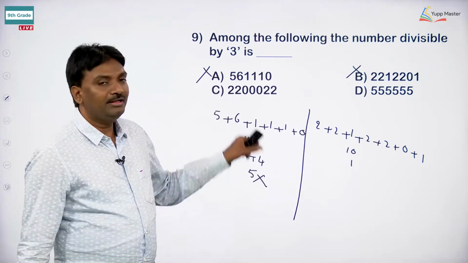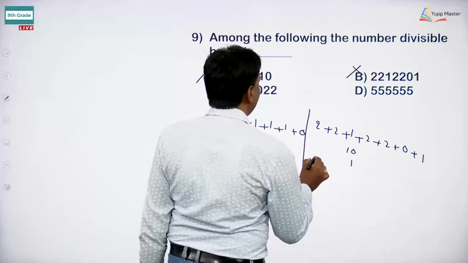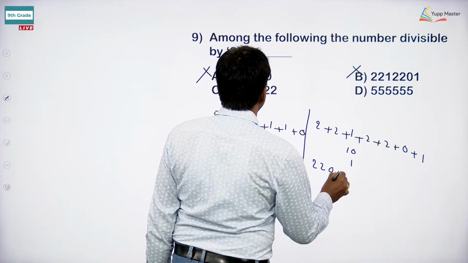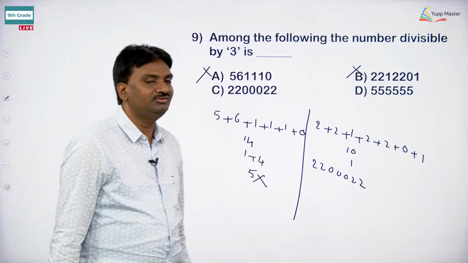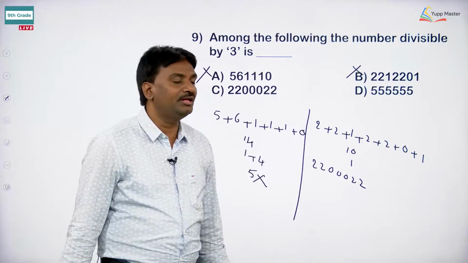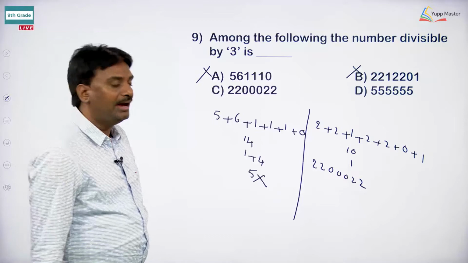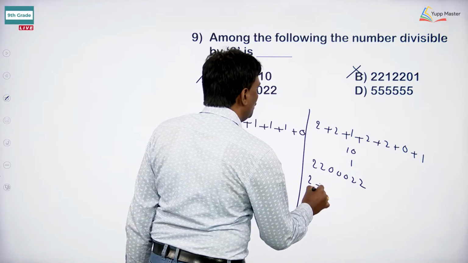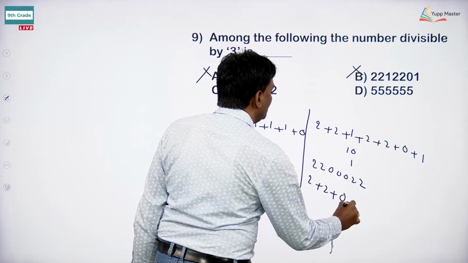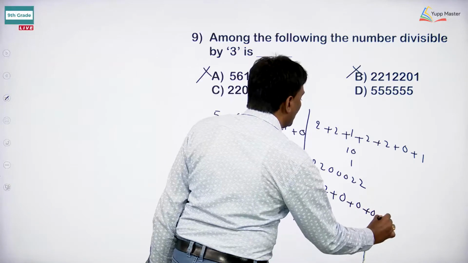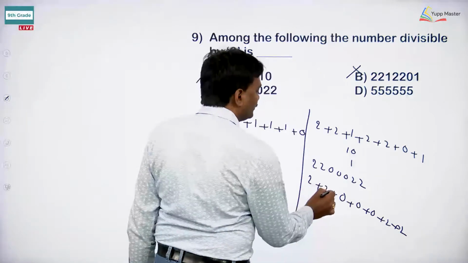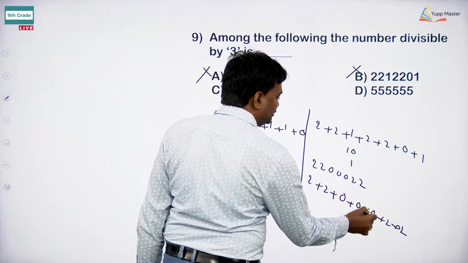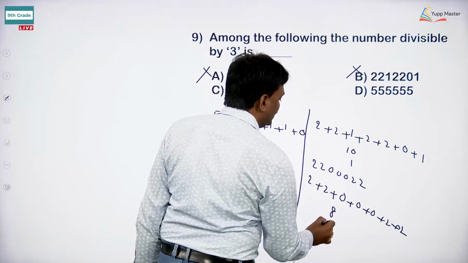Next, by taking option C, here the digits are 2 2 0 0 0 2 2. So this contains 1 2 3 4 5 6 7, 7 digits. By adding all these digits, 2 plus 2 is 4, plus 0 plus 0 plus 0, plus 2 is 6, 6 plus 2 is 8.